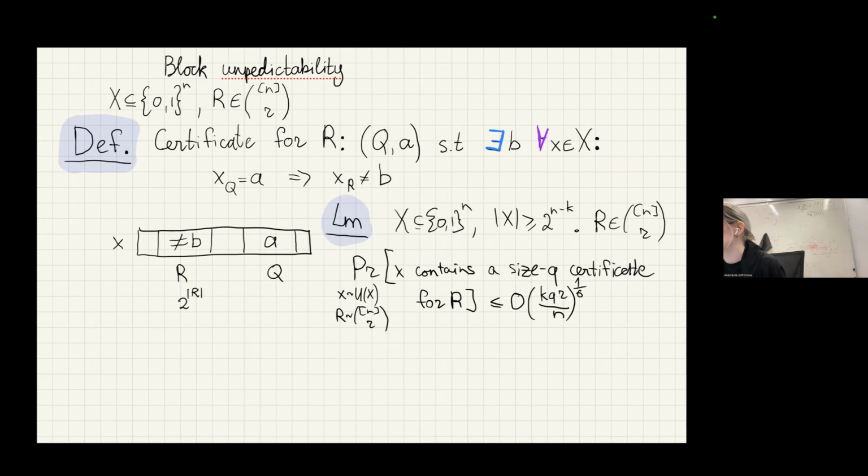So then you get this probability as some constant. But in general, it's enough to have the parameters such that this is still a non-trivial bound.